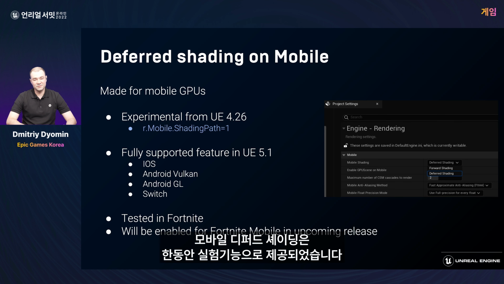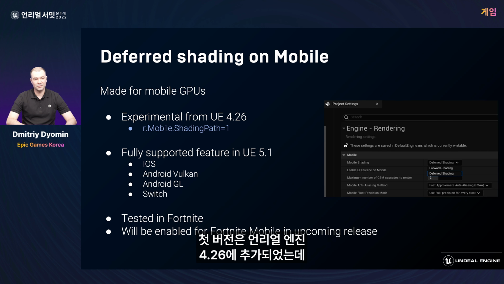We have been experimenting with deferred shading on mobile for some time. A first working version was added in Unreal Engine 4.26. It was a bare-bone version with a lot of features missing in it. I want to make clear this is not a port of desktop deferred render to mobile.